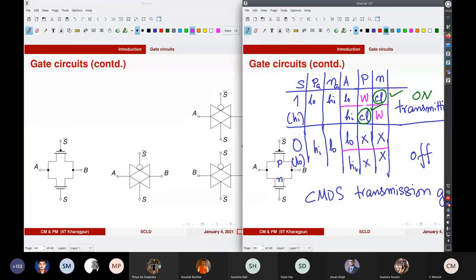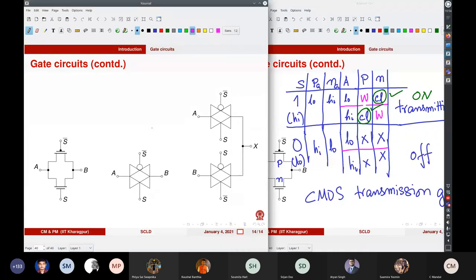So you can write down the output in this form. So it transmits A when S is high, right? So you can say X equals SA or S bar B. Is that okay? You can write X in this form, right?